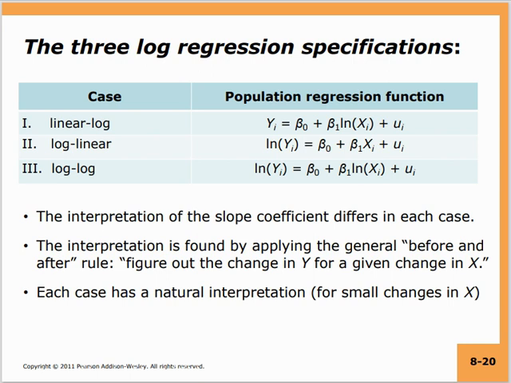Now, the interpretation of the slope coefficient, the beta coefficients that you estimate, differs in each case. How do you know what the interpretation is? We apply the general before and after rule: figure out the change in y for a given change in x. Each case has a natural interpretation.